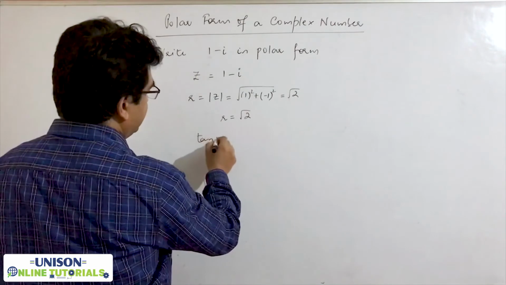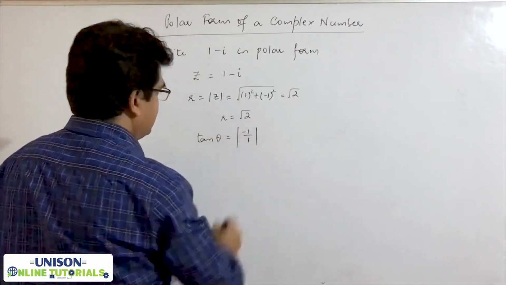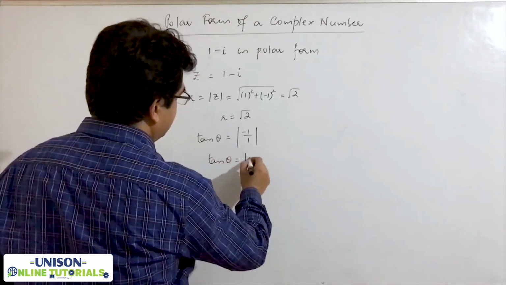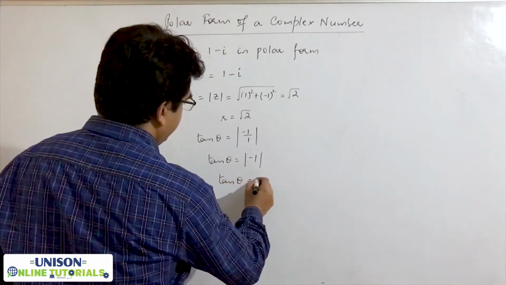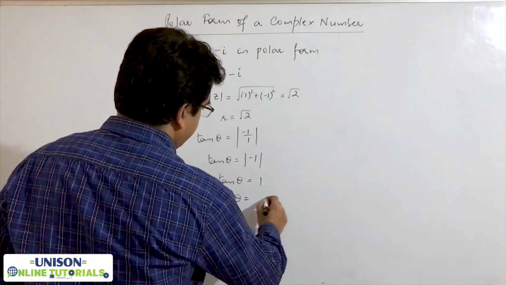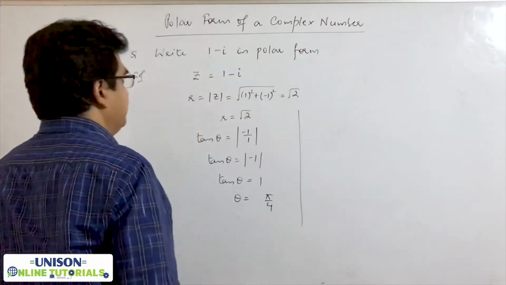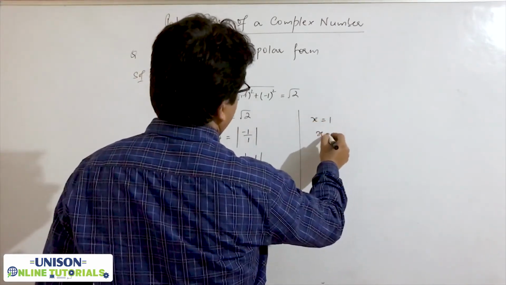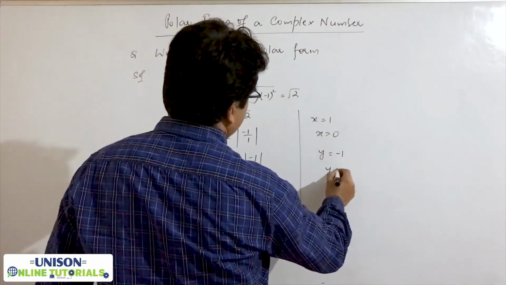Then what is tan theta? It is y by x. So tan theta is -1. Since it is in mod, we take it positive. Theta will be pi by 4. Now if we check, x is 1, which implies x is greater than 0. y is -1, which implies y is less than 0.